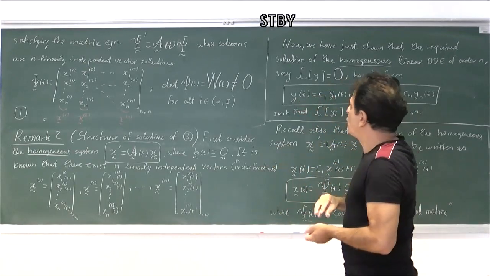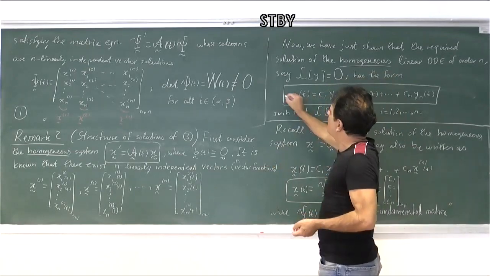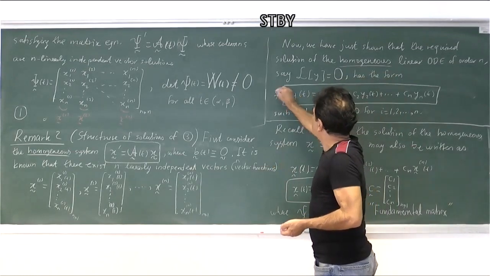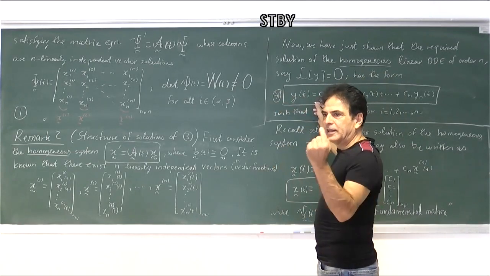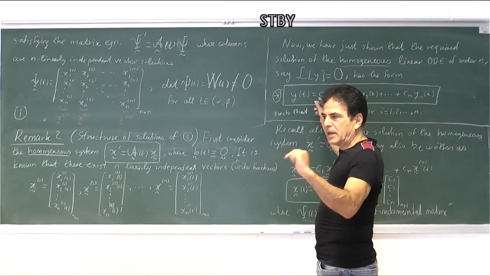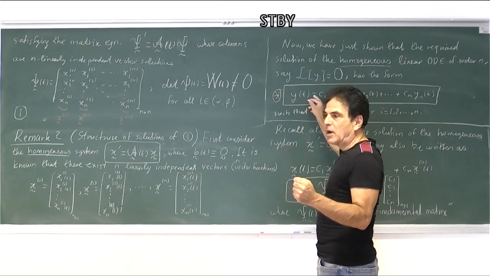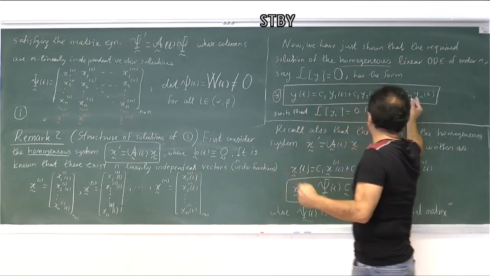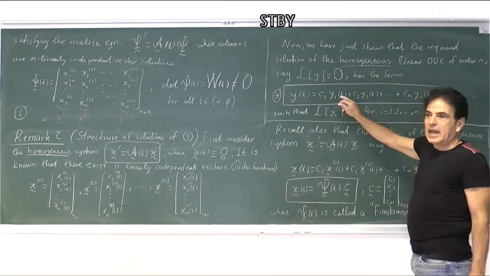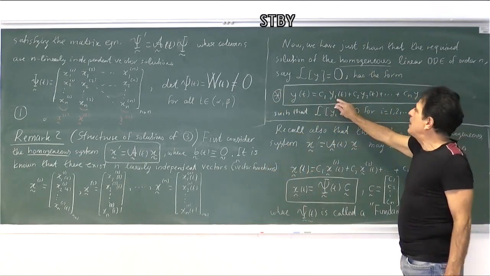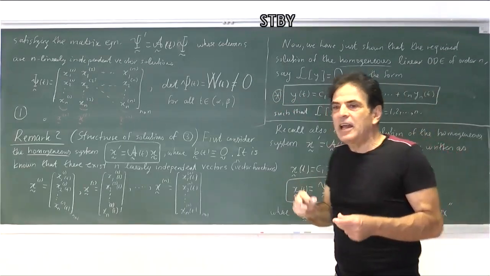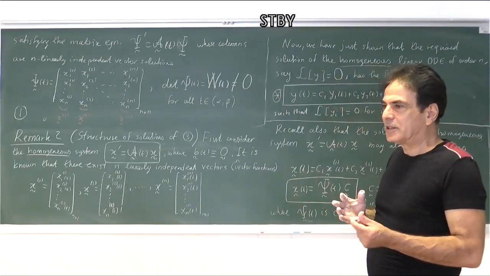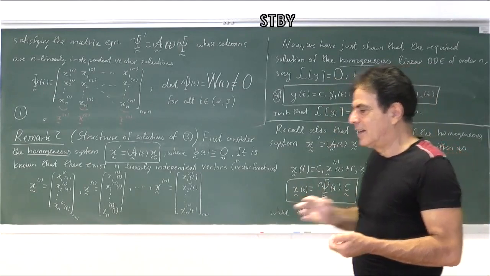Now, let us return back to the solution of, let's say, asterisk. This is the solution of the nth order linear ODE, I mean, the homogeneous part of the linear ODE. We can claim that y1, y2, yn are linearly independent functions. Okay?